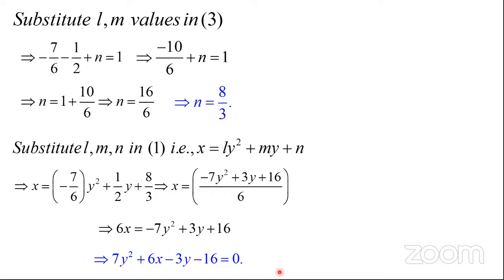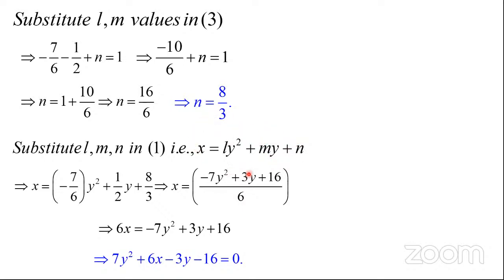I recapitulate the problem. We have 3 points on the parabola x equal to Ly square plus My plus N. Why did we choose this form, children? We have chosen this form because in the question it is given that the axis of the required parabola is parallel to the x-axis. We substituted the points one after the other and solved the simultaneous equations to find the values of the unknowns L, M, N. After solving, we get the L, M, N values.